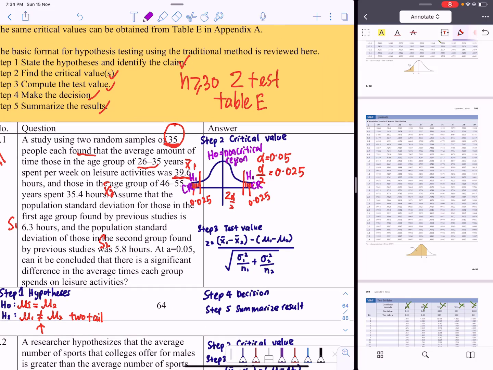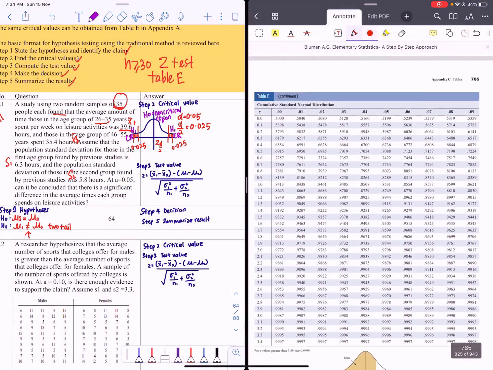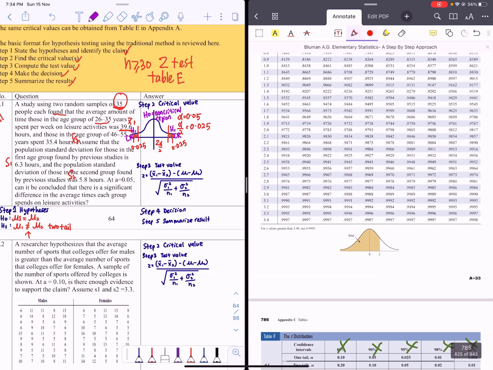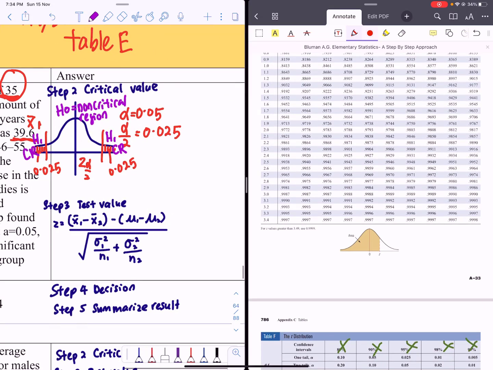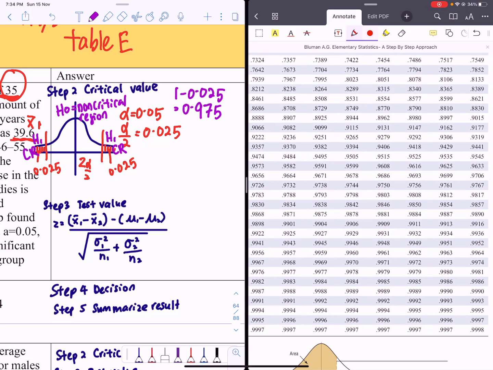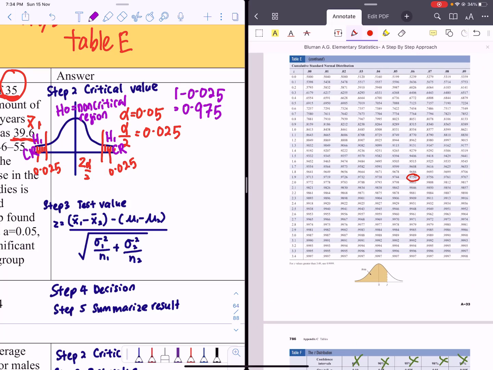We open table E. How to find the Z value? 1 minus 0.025 equals 0.975. Find 0.975 in the table, then we get 1.96.